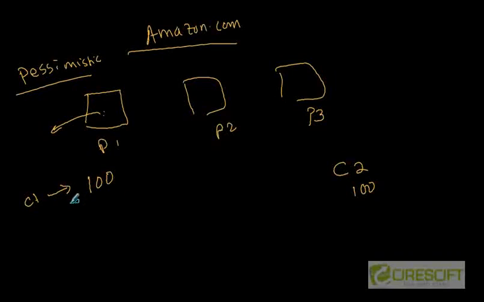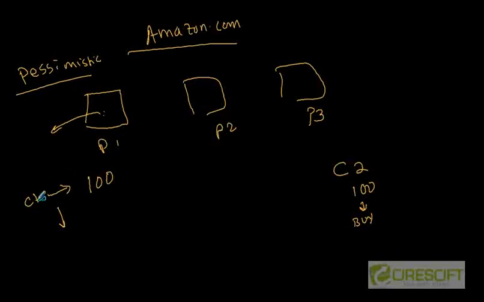Now let's say while customer C1 is still browsing other products, he is not yet ready to buy. Customer C2 saw this and likes it and wants to buy. So some update is going to happen in the product table.